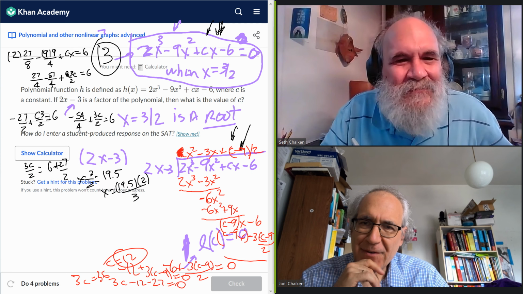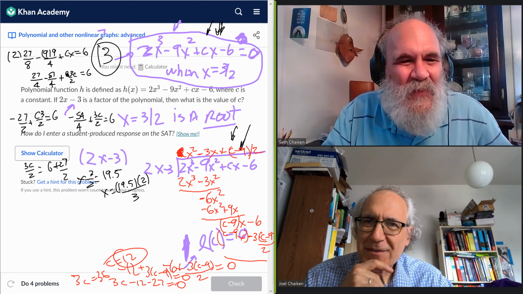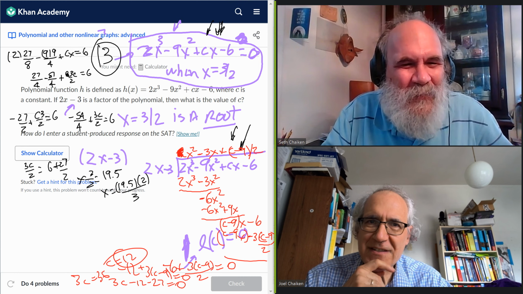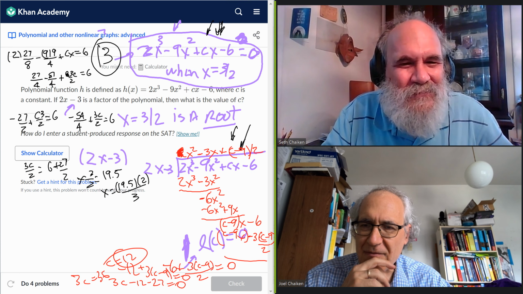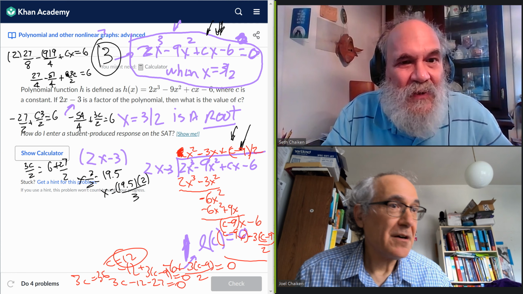Well, we could graph it. Should we do Desmos to graph it and see where the zero is? We make C be 12, we make C be 13, and we see which one has the root at 3/2. Should we do that?